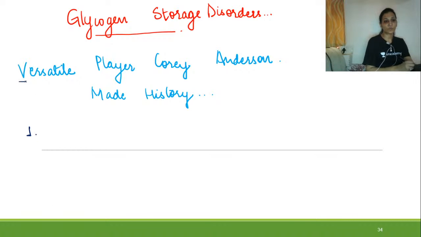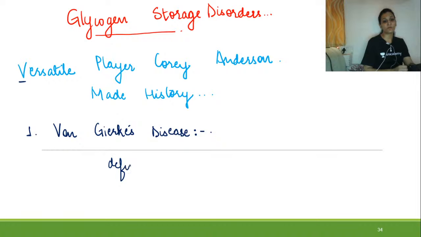Very first, Von Gierke's disease. In this disease, there is a deficiency of glucose 6 phosphatase.